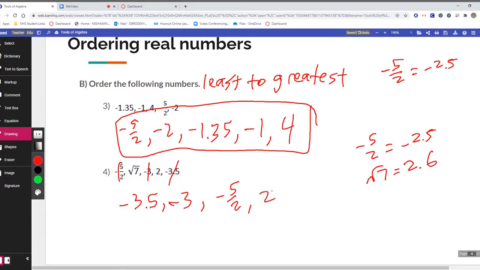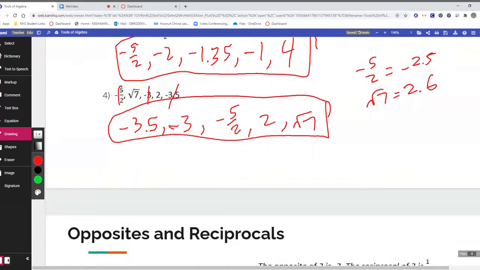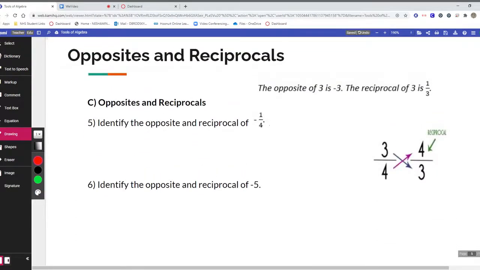So the next least number would be 2, and then our greatest number would be square root 7. So again, converting these to decimals, putting them all in a similar form, is generally the easiest way to solve these.